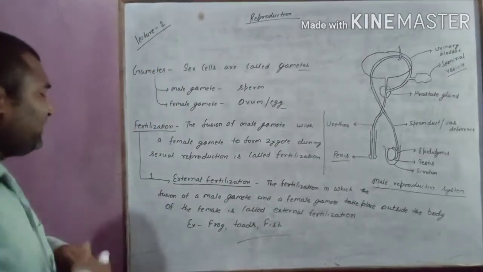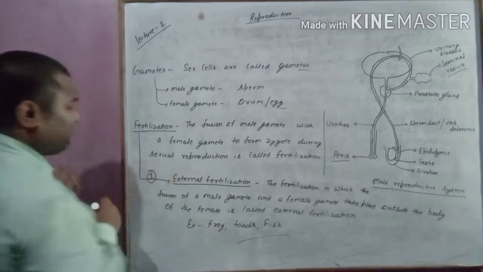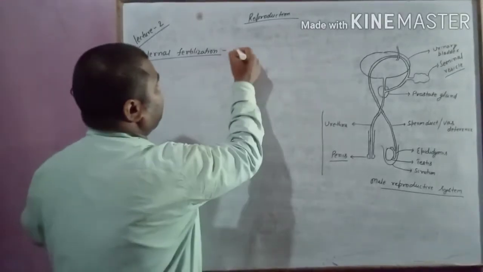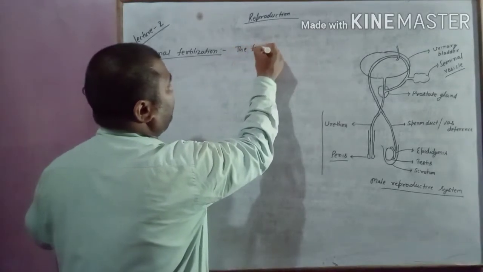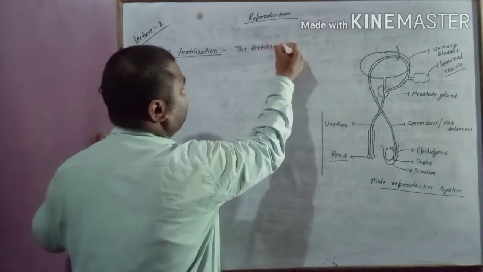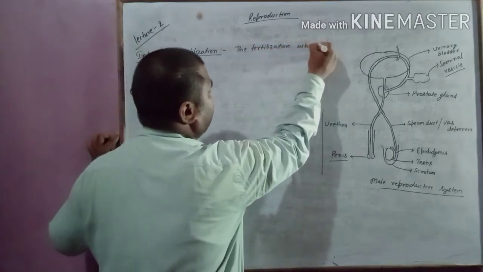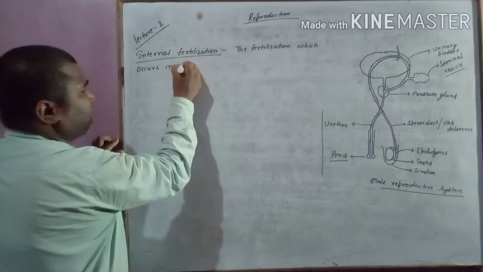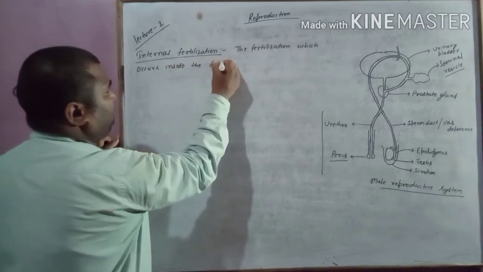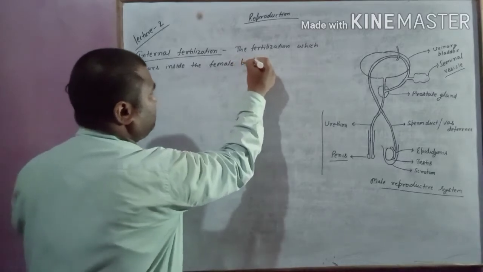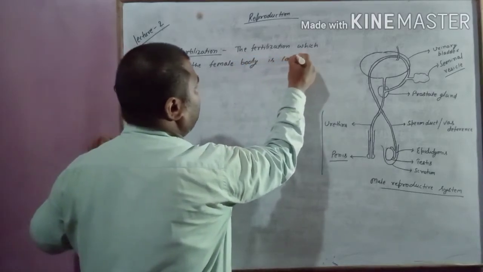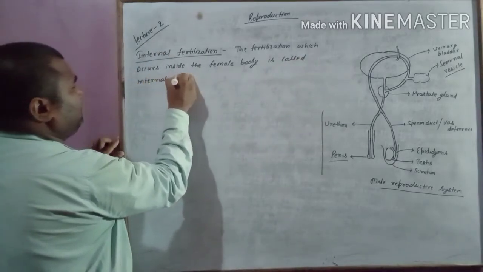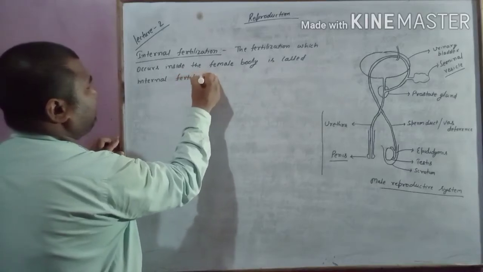So external fertilization first, second is internal fertilization. What is internal fertilization? The fertilization which occurs inside the female body is called internal fertilization.